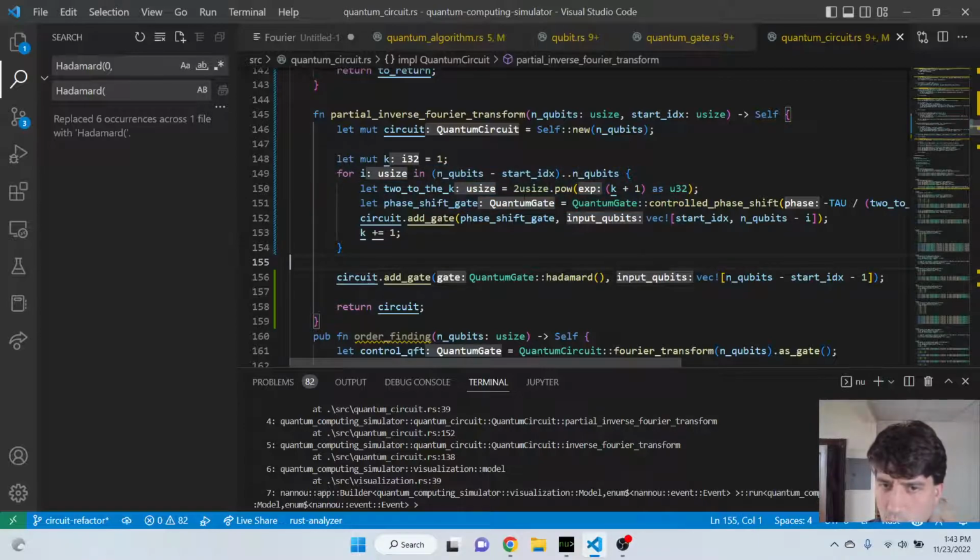If start IDX is 1, then we go from n minus 1, we just have n minus 1 qubits. Start IDX is -1, or is n minus 1, and this is duplicative. So yeah, -1. I was right the first time.